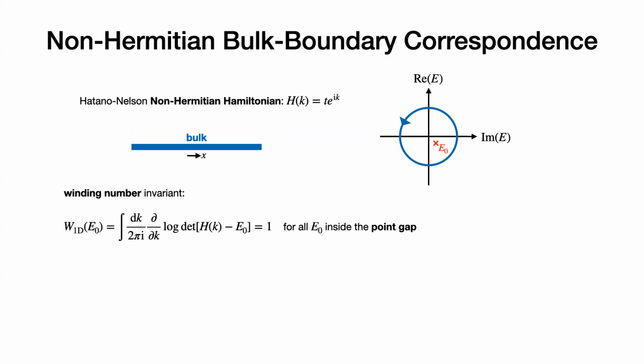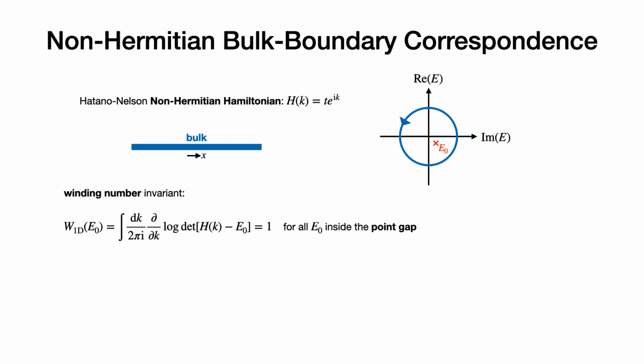Because in this case, we don't have anymore a notion of ground state or occupied states. The full spectrum is topological. It's not just that the occupied states are topological, but the full Hamiltonian is topological. All of these eigenstates give the skin effect.